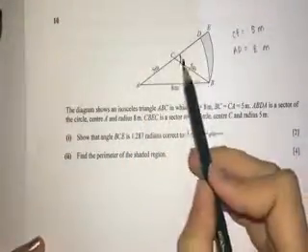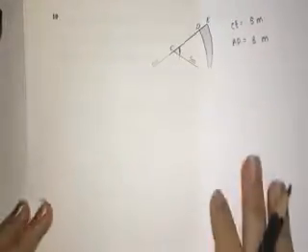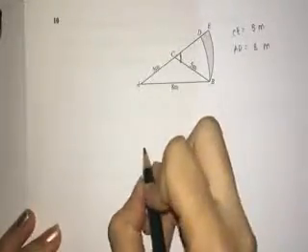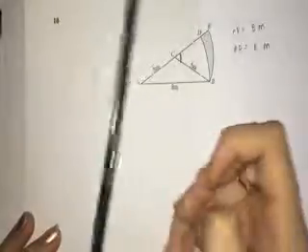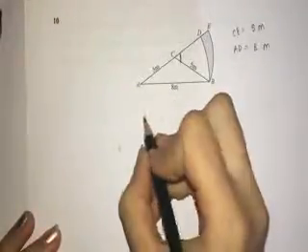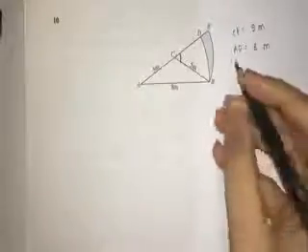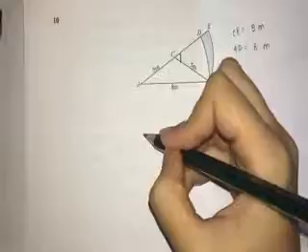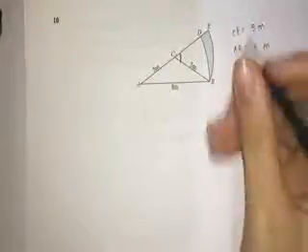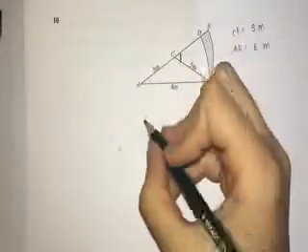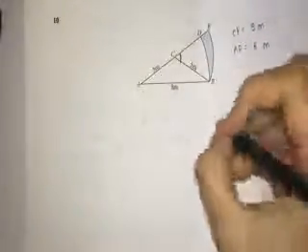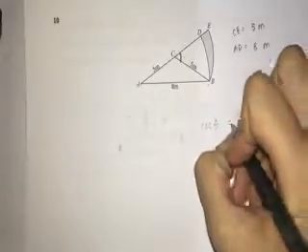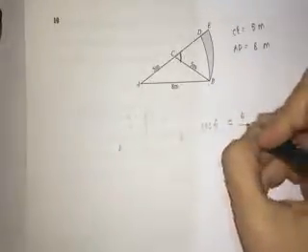So since we're finding this, we have 8, 5, 5, and A, C, B. If we just make this like this, and we're trying to find this, we can just use cosine theta is equal to 4/5.